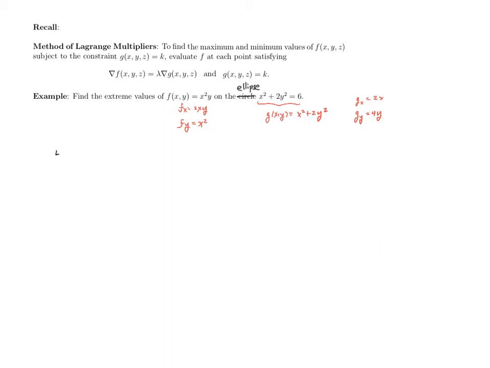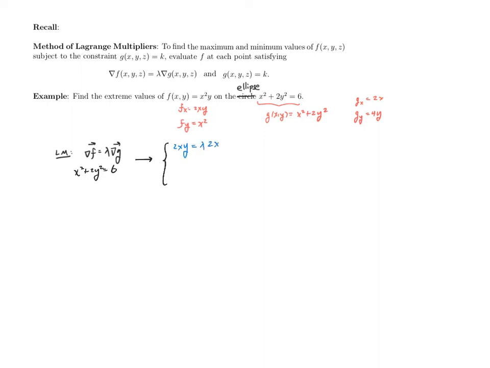Lagrange multipliers will give us a system of three equations to work with. Generally we would have gradient f is lambda times gradient of g, along with the constraint x squared plus 2y squared equals 6. So putting this in terms of partials, from the gradient of f equals lambda gradient of g, the partials with respect to x would give us 2xy is lambda 2x.